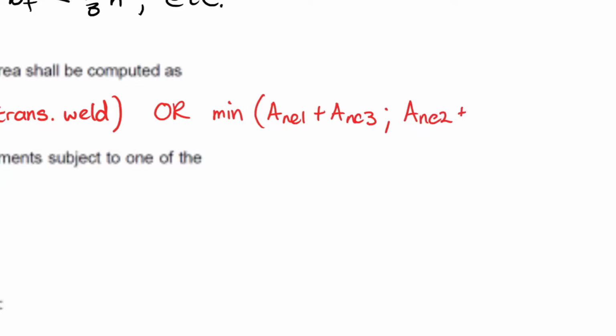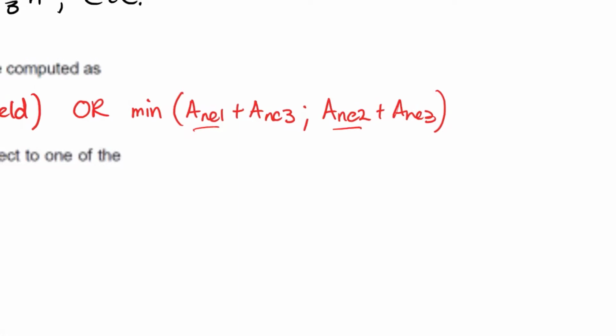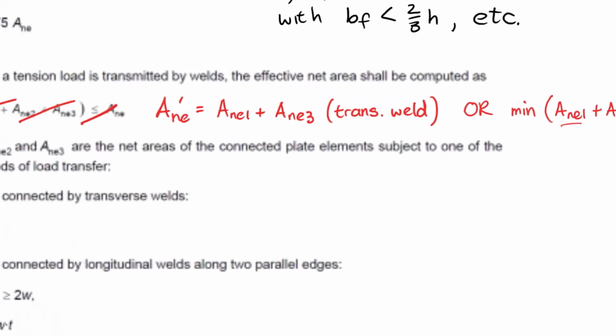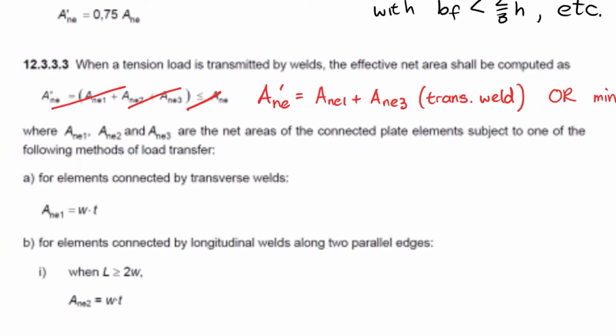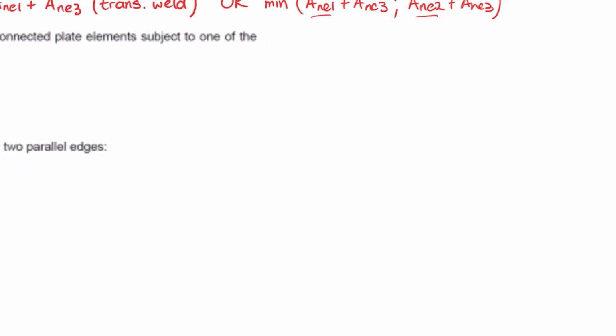You could also just have the minimum of ANE1 and ANE2, plus ANE3, whichever, you'll get the same answer. So this is the area of an angle that has been welded to something, and you now need to work out the cross-sectional area. And I'm going to do a sketch now which may help you understand this.